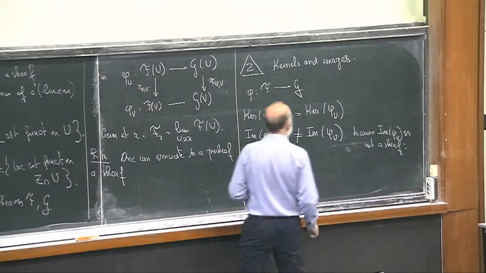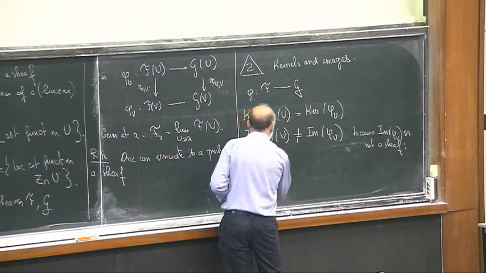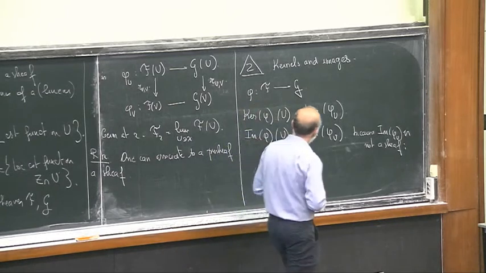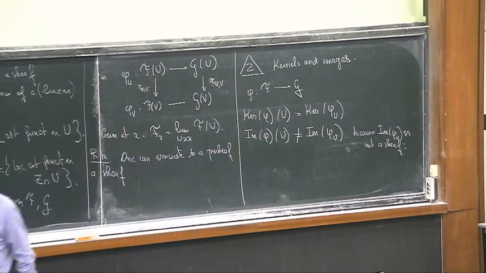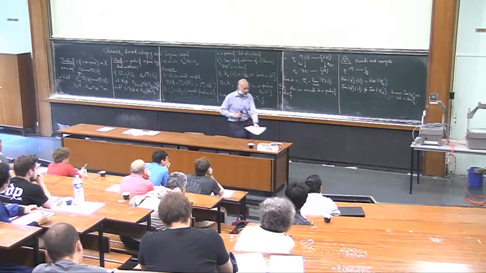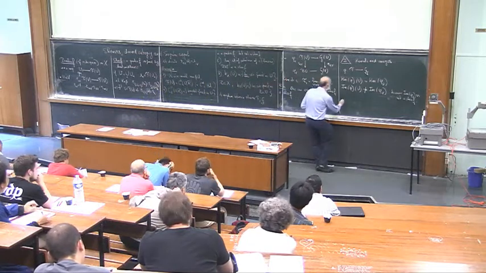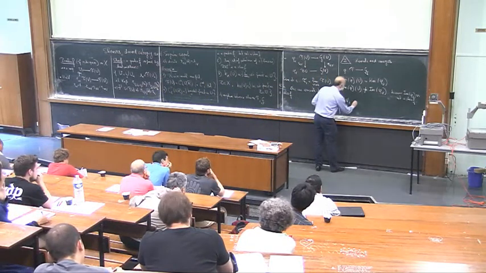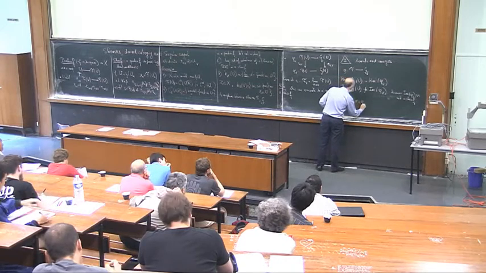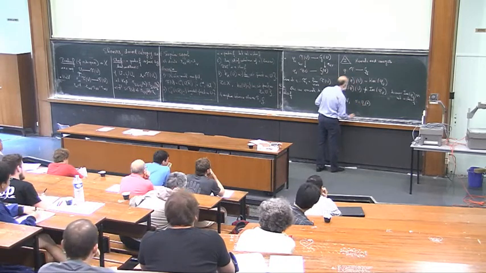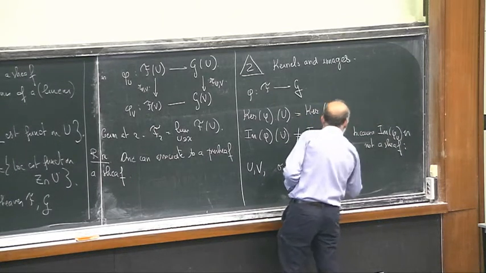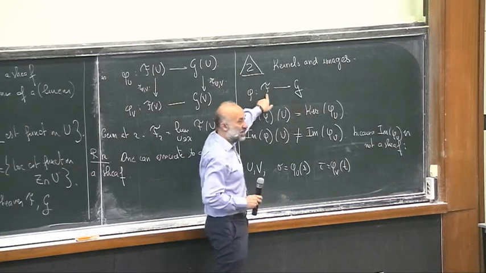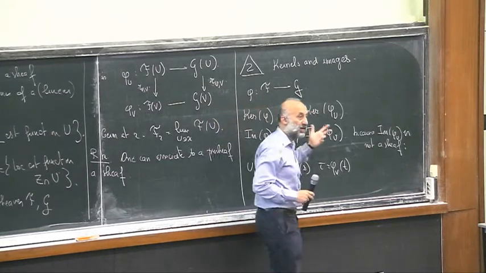Well, that's easy to see because if you have... what would you need? So let me see what the notations are here. Assume I have just two open sets, U and V, and sigma is phi_U of S, tau is phi_V of T. So S and T are in F, sigma and tau are in G here, so are in the image.